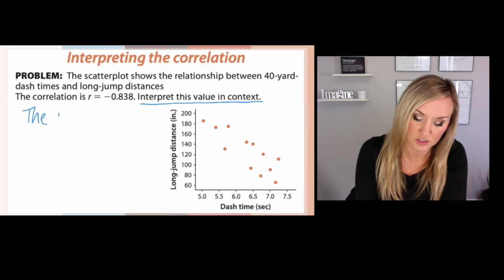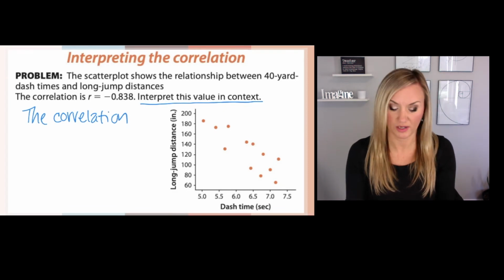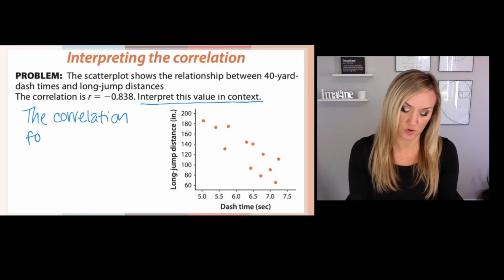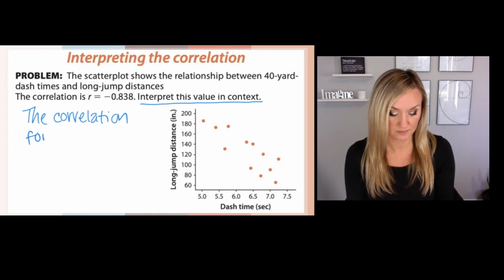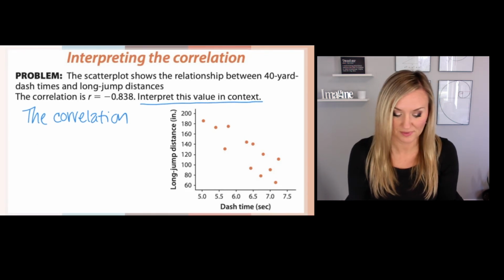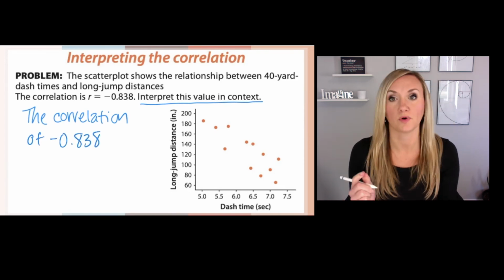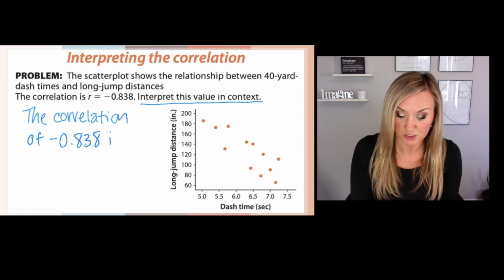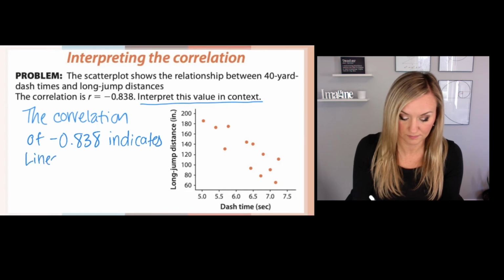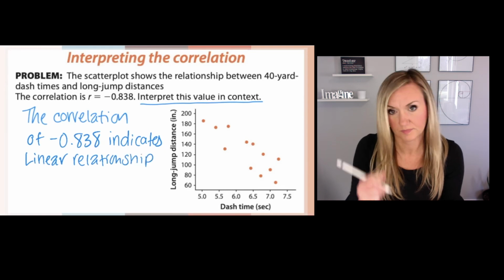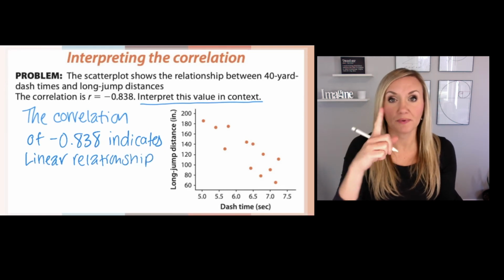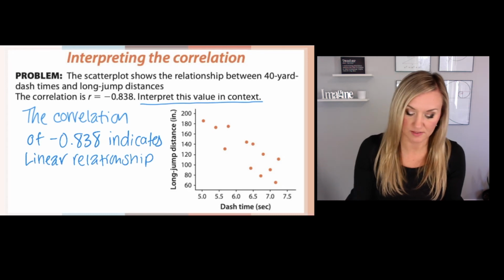So the correlation, and I'm so sorry for my awful handwriting, right? The correlation of, not forward, of negative 0.838 indicates that there's a linear relationship between the long jump and the dash time, and it's strong and negative.